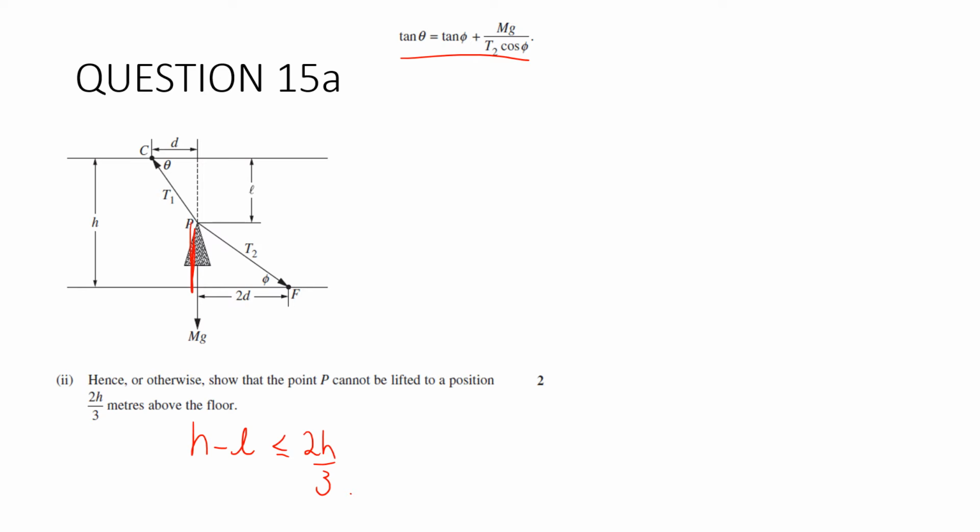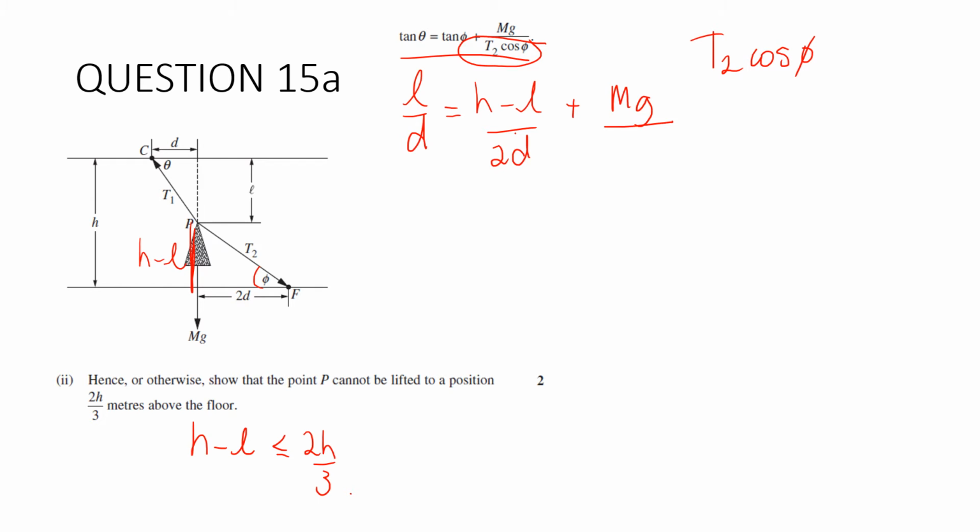Now tan theta is equal to L on D, and tan phi is equal to, this distance here is h minus L, the h minus L on 2D, plus mg on, now this part here, T2 cos phi is equal to T2 times 2D on T2, so it's equal to 2D.